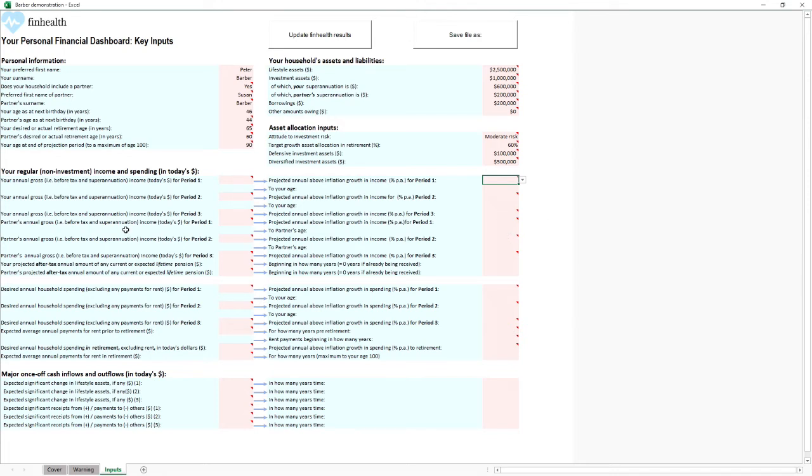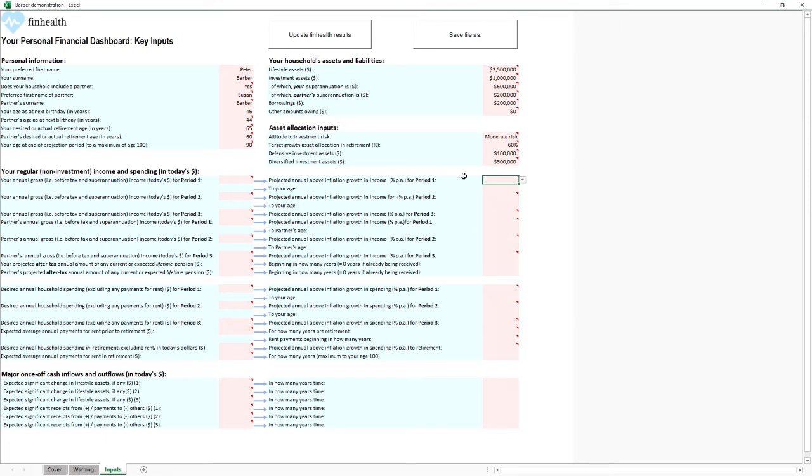Now there's potential to provide annual gross income, that is income before tax and superannuation, and ongoing spending estimates for up to 3 separate consecutive periods from now to retirement. So 3 periods for client income, 3 for partner income, and then 3 periods for spending. This provides some flexibility to allow for potential changes in career and lifestyle expectations without going overboard.